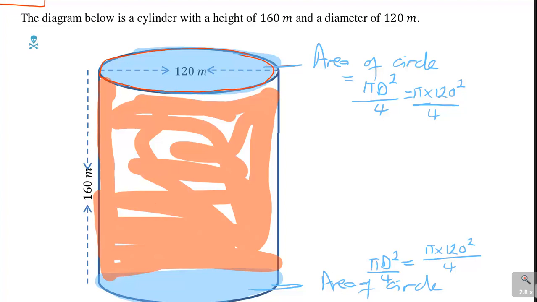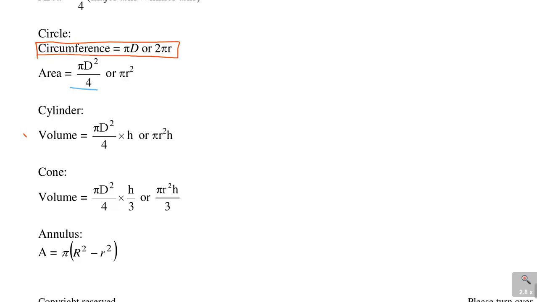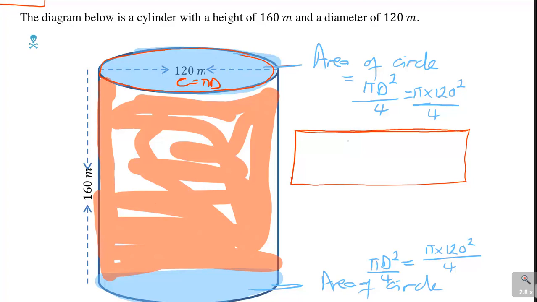You need to know the formula of the circumference. They gave you that formula, which is pi d. So if you work on it like this, you will have that circumference, C, which is pi d, as the length. So this line is now the circumference, the long length, which is C, equal to pi d.